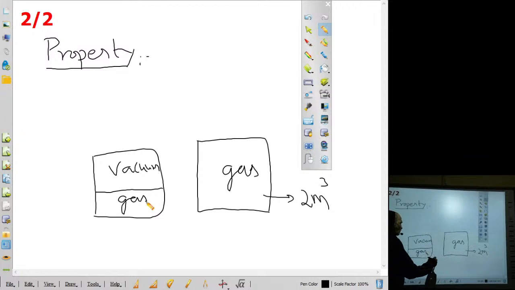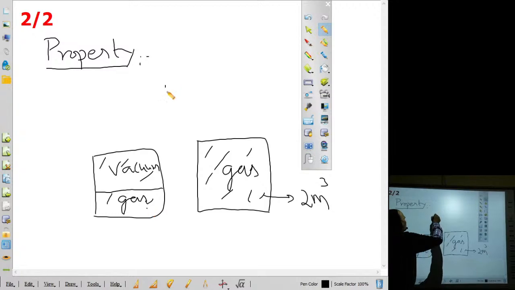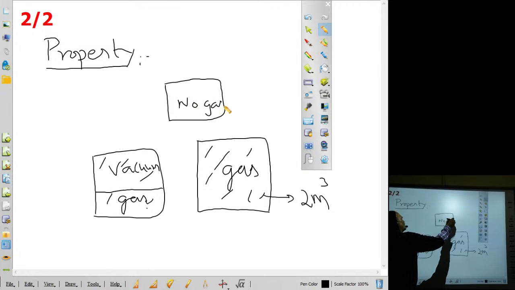Then now what you will do is remove all the gas. So when you remove all the gas, then there is no gas. So here the volume of the gas is 0. When the gas is not there, the volume of the gas is 0. So volume is not there. If the volume is not there, gas is also not there.